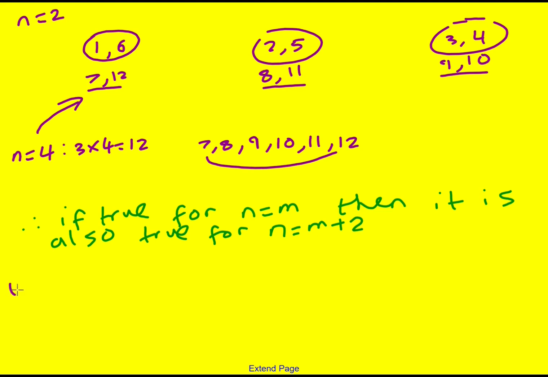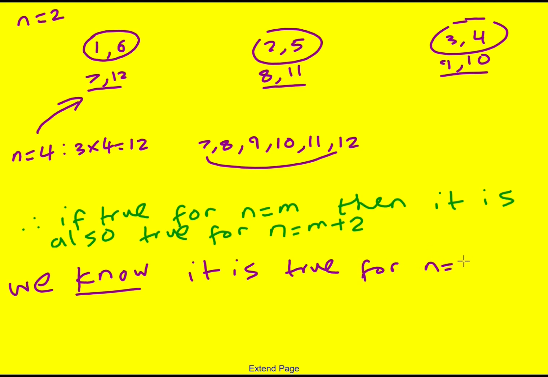But here's the thing. We know it is true for n equals 2 because I did that at the start. So 2 implies that it's true for 4 using this first statement, and then it must be true for 6, and then for 8, and I can generate all the even numbers.